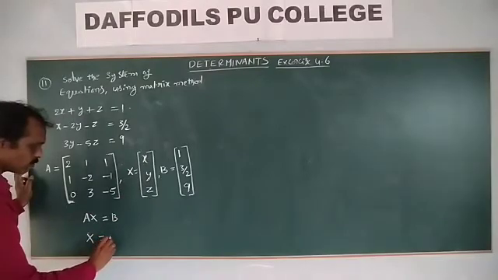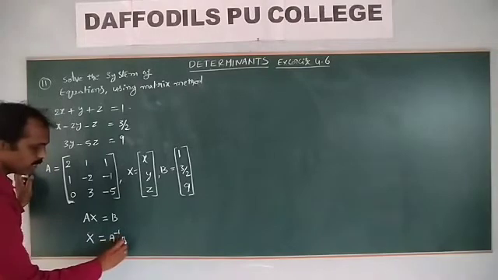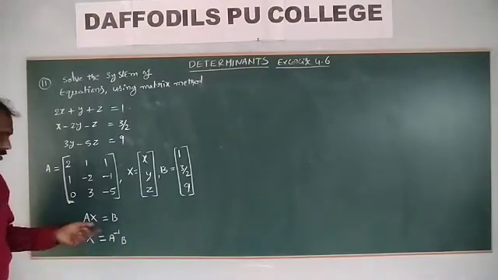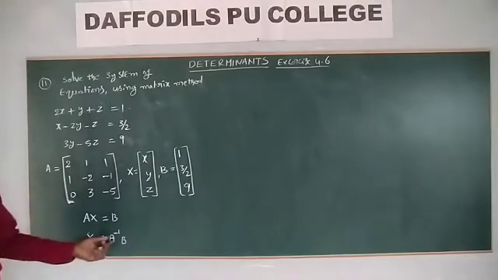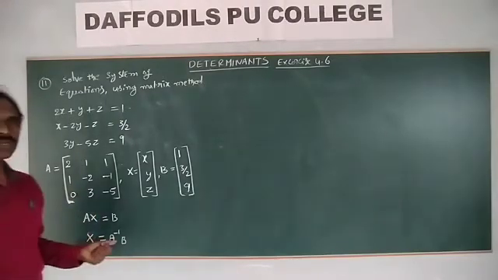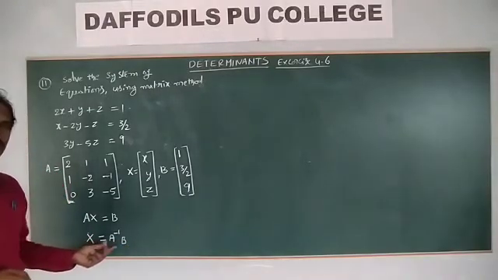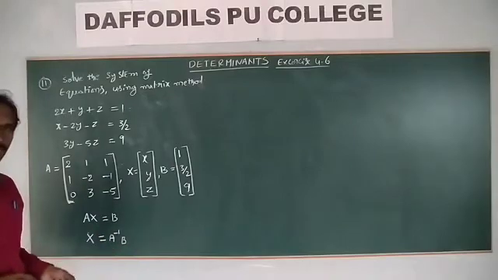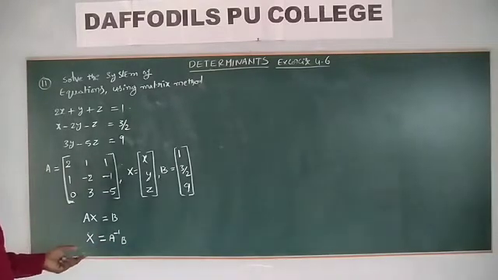Therefore, X is equal to A inverse into B. In the previous class we discussed consistent and inconsistent systems, where I explained the formula X is equal to A inverse B, where A is a non-singular matrix.